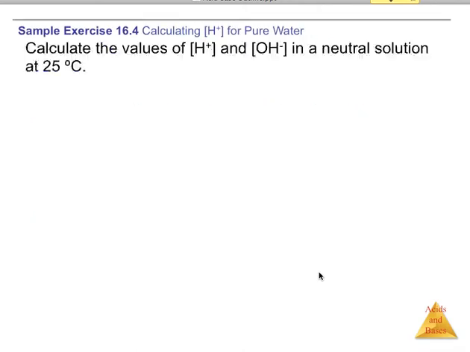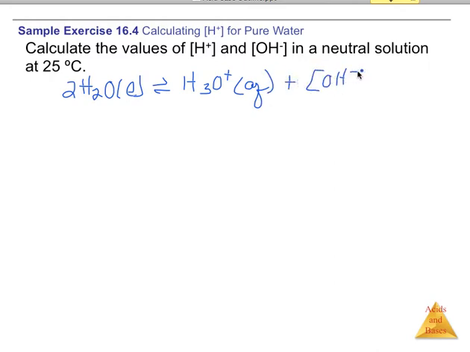Okay. So how would we calculate the values of H plus and OH in a neutral solution? You would do this just like you would any equilibrium problem. As seen previously, we know that two molecules of water form an equilibrium with the hydronium ion and the hydroxide ion.